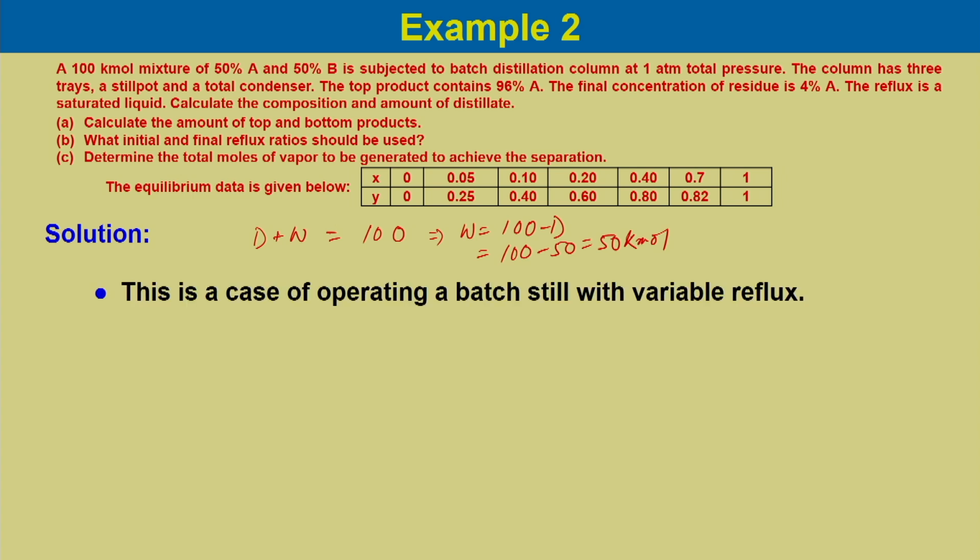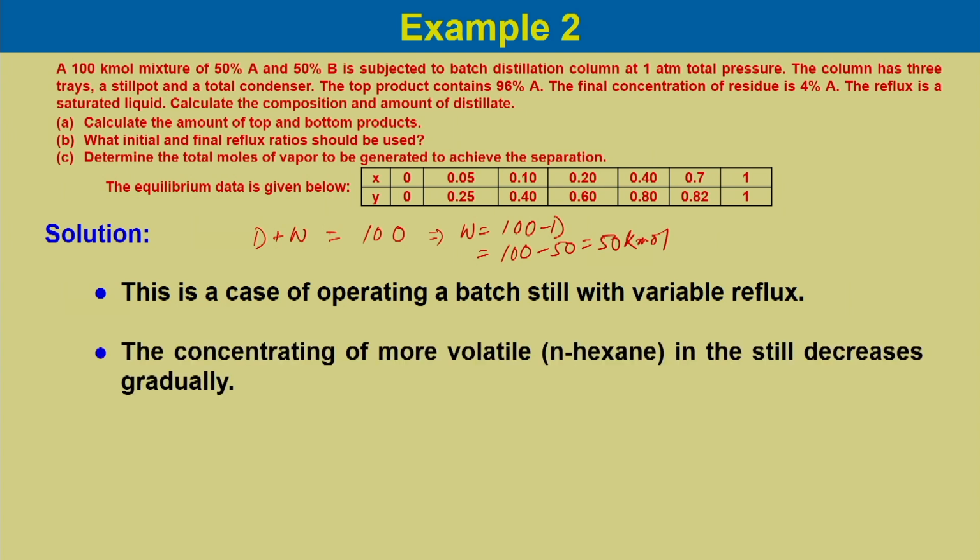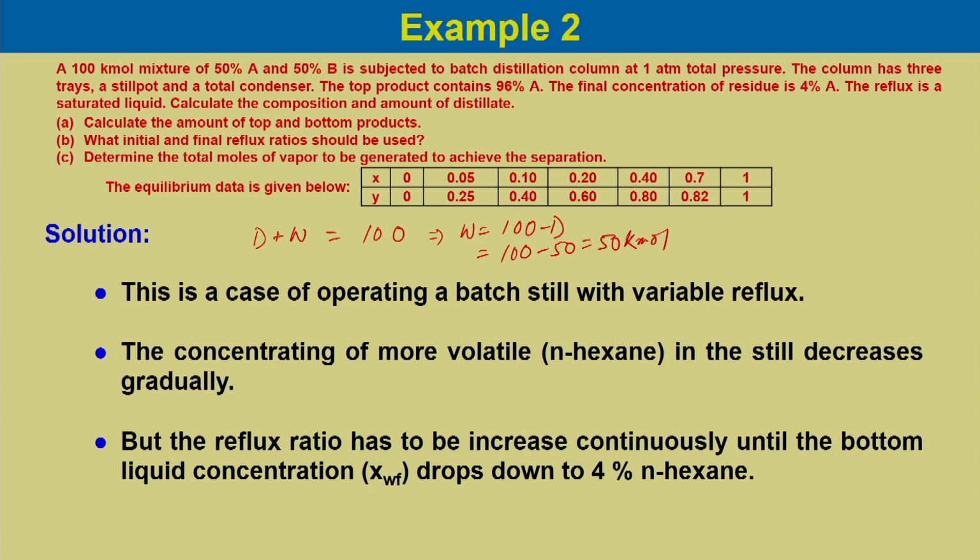So, this is a case of operating a batch still with variable reflux. The concentration of the more volatile component, that is n-hexane, in the still decreases gradually, but the reflux has to be increased continuously until the bottom liquid concentration, that is xW, drops down to 4% of n-hexane.